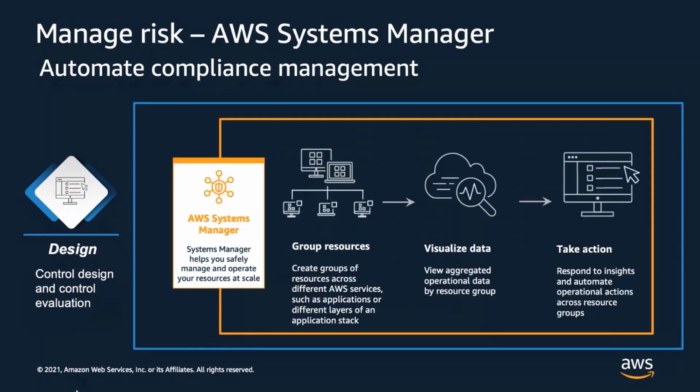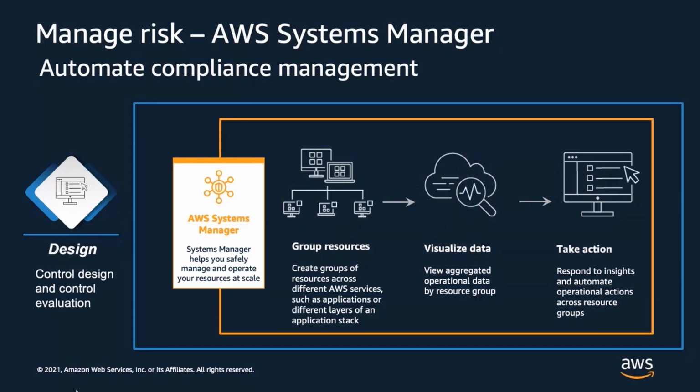Another service that can help with managing your operationally excellent workloads is AWS Systems Manager. AWS Systems Manager is the operations hub for AWS resources. It allows you to group resources in a way that is meaningful for your operations teams.